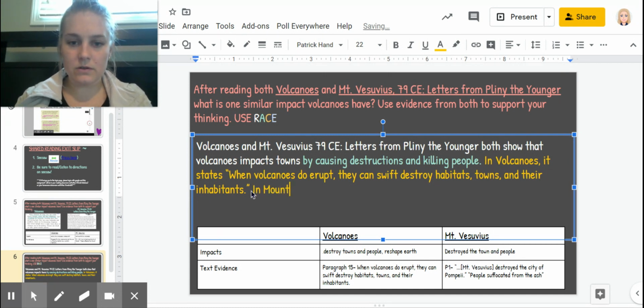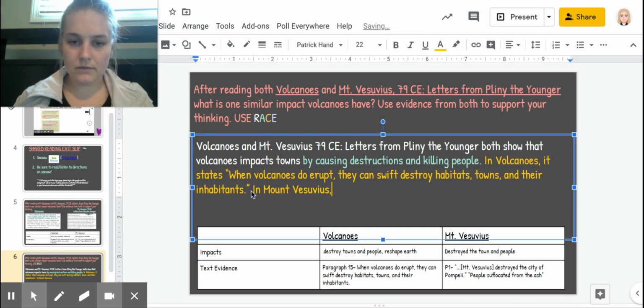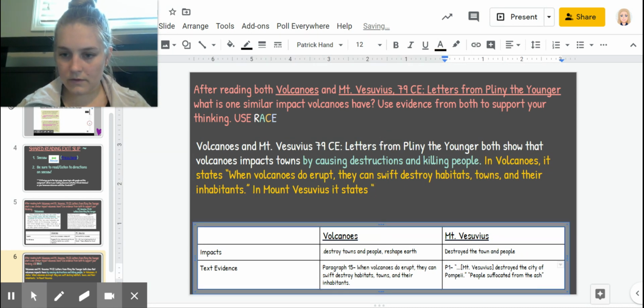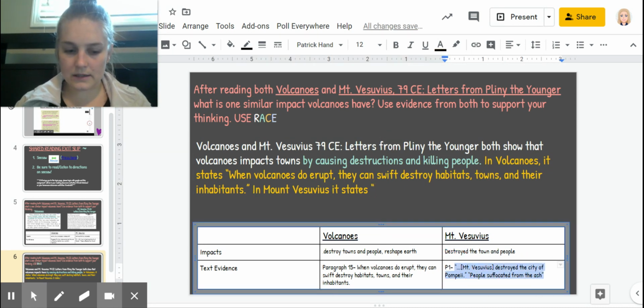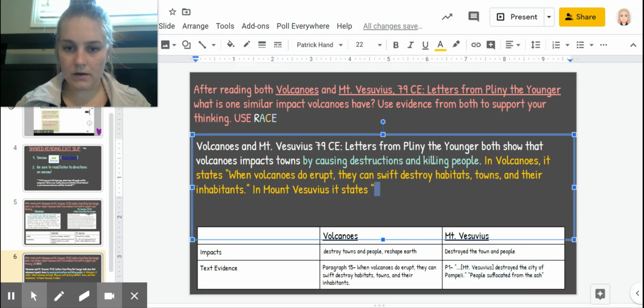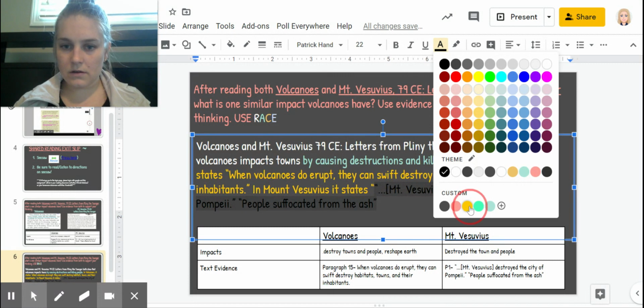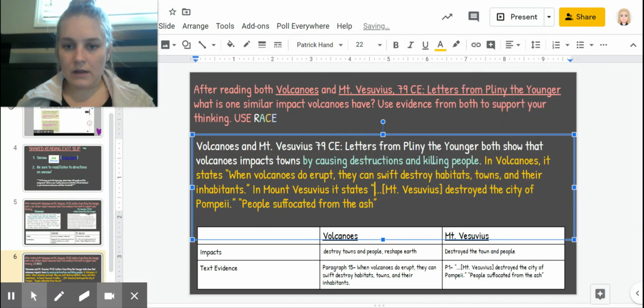In Mount Vesuvius, it states, I'm going to take this text evidence and put it right up in there, of course changing it so it all matches. Okay, there's my text evidence.